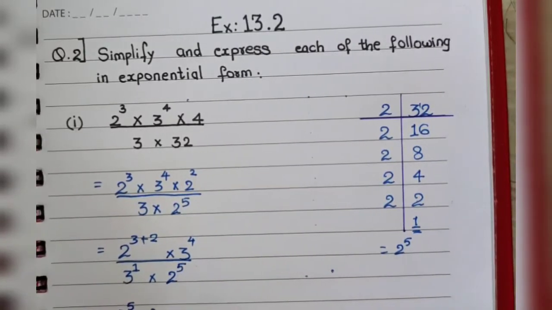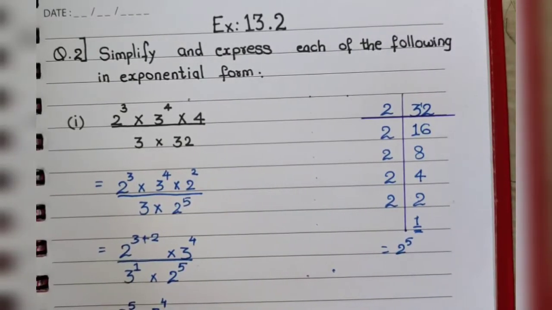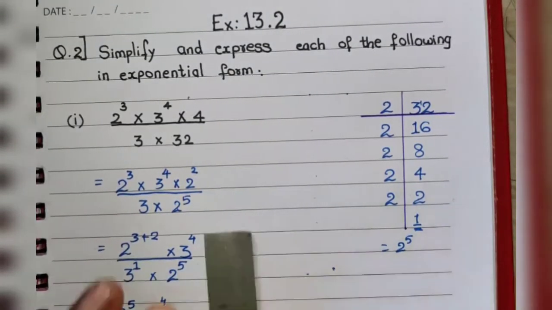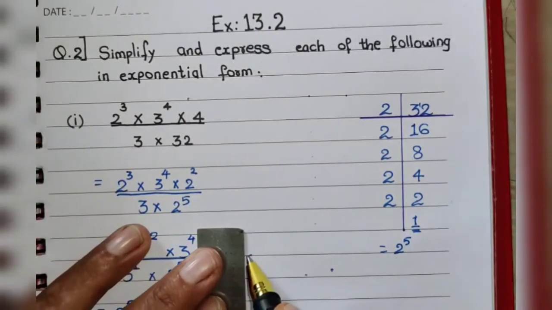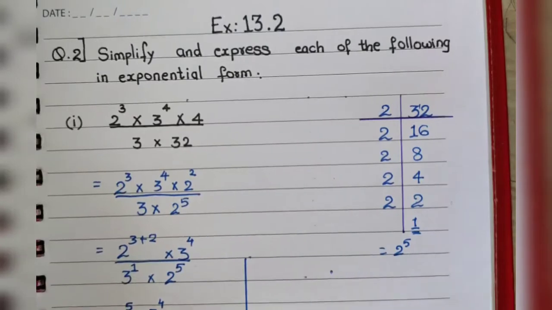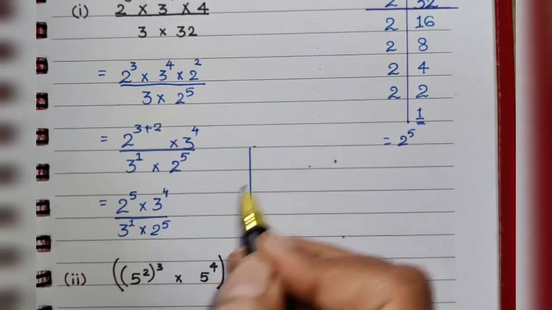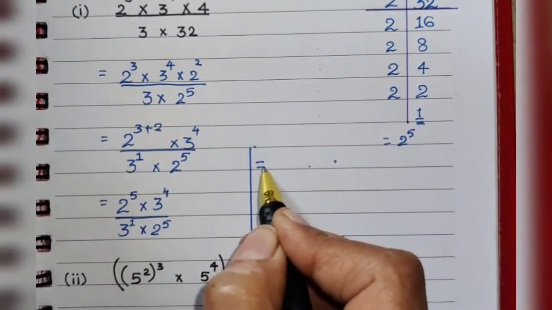And here 3 to the power 4, 3 to the power 1, multiplied by 2 to the power 5. Now I am doing the rest of the sum here. See, I have solved it. I'm going to do the rest of the sum here.